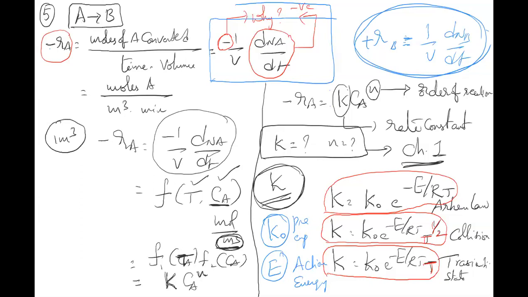K naught is the pre-exponential factor, and E is the activation energy.